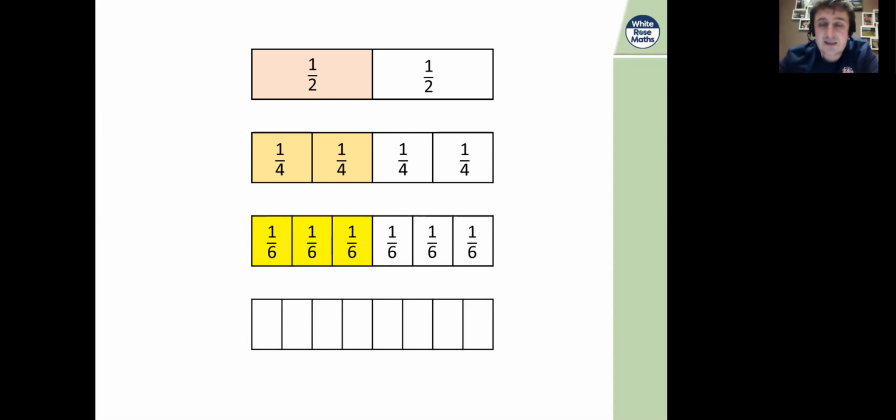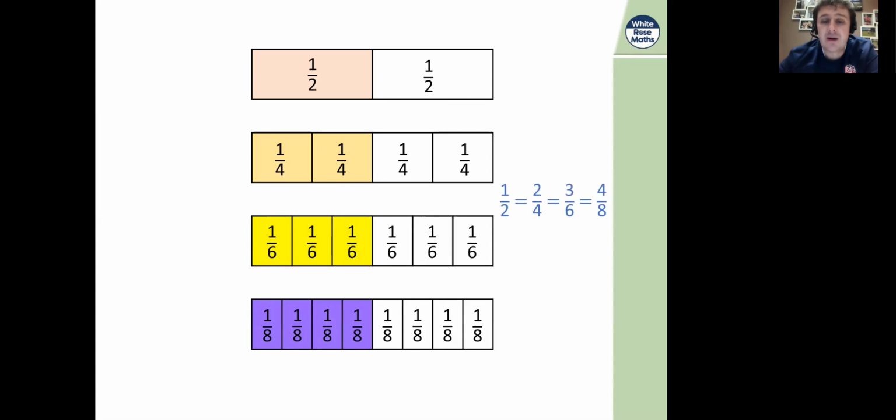On the bottom one there, you can see I've got 8 equal parts, so I split them into eighths. And if I was shading in a half, I've shaded in 4/8. 1/2, 2 quarters, 3/6, 4/8. Those are my equivalent fractions on there.